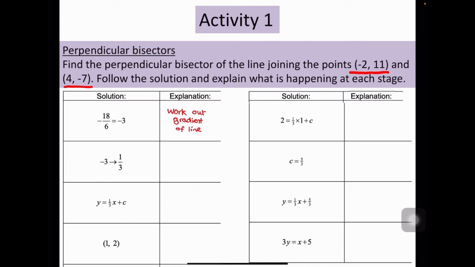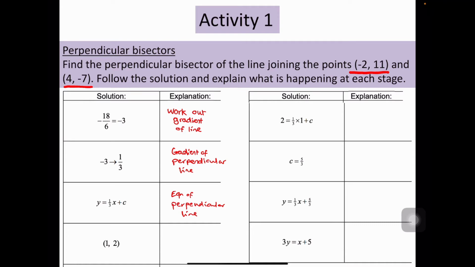Because it's the gradient of a perpendicular line. So below that we have the equation of a perpendicular line, and of course we need to work out what C is. Now, what is that?